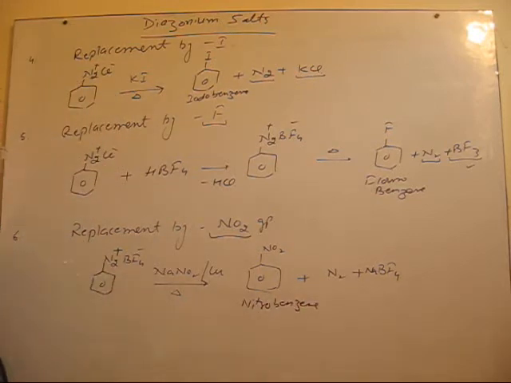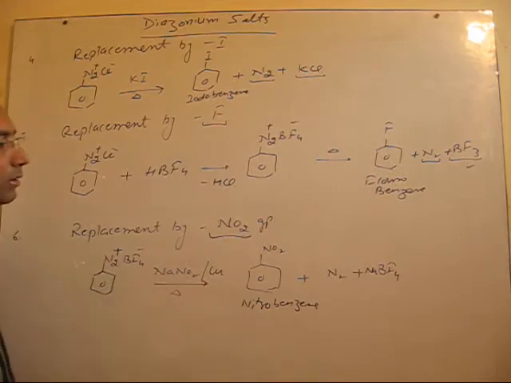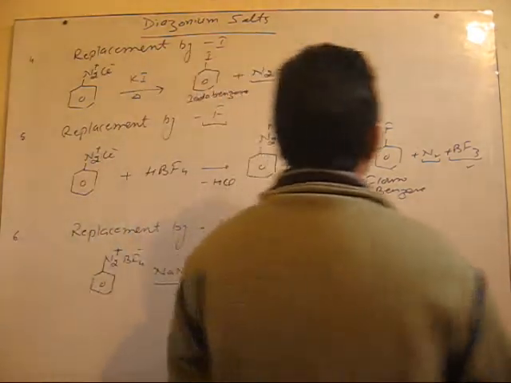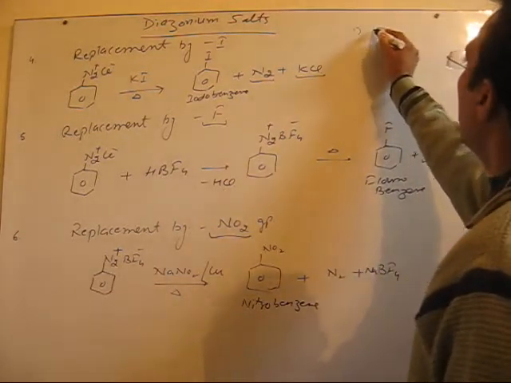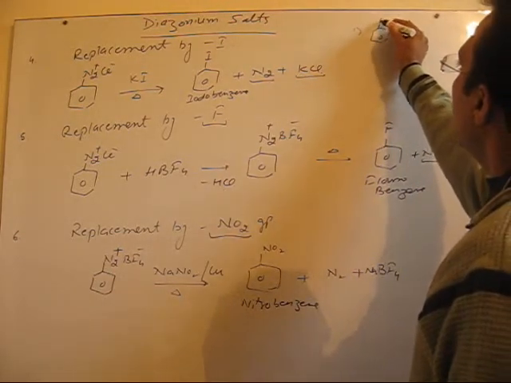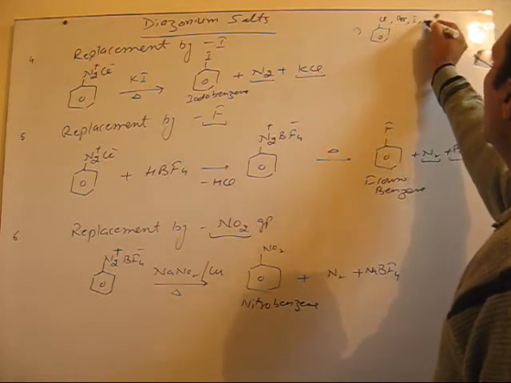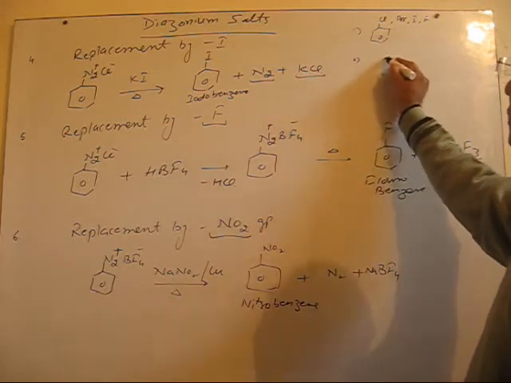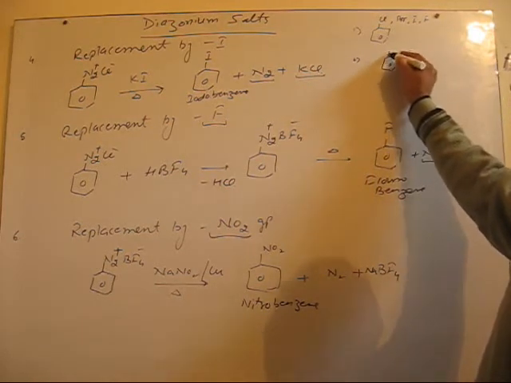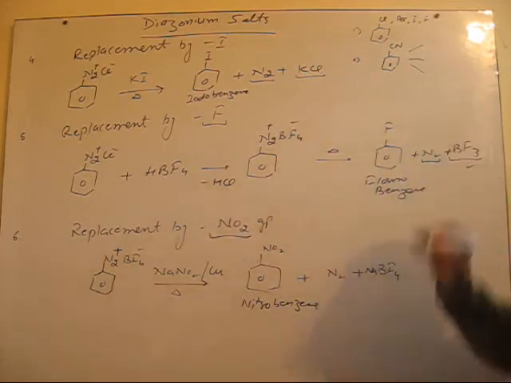So we have seen that using diazonium salts we can, number one, prepare all kinds of aryl halides, that is substitution by chlorine, by bromine, by iodine and by fluorine. Then number two, using diazonium salts you can prepare cyanobenzene, with the help of which you can prepare so many other compounds.